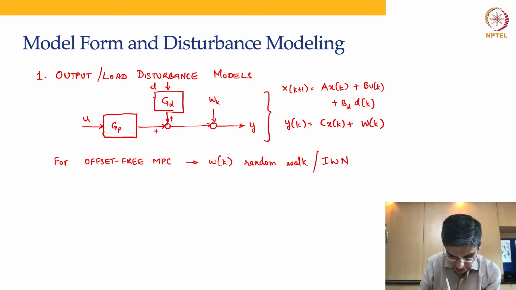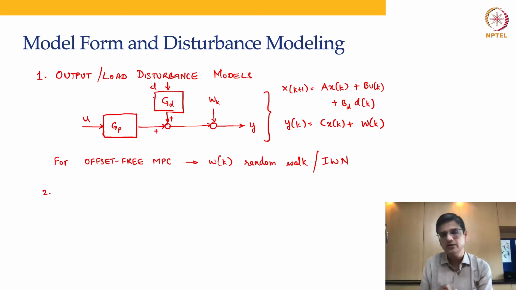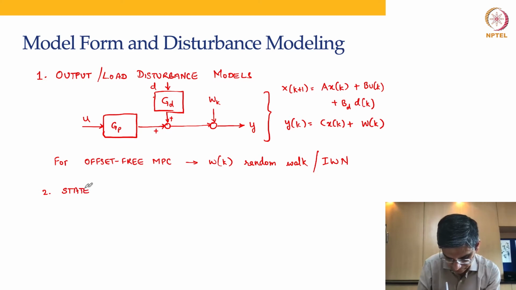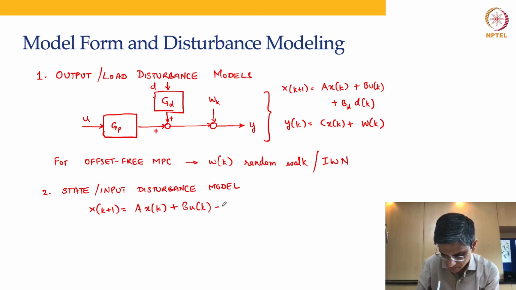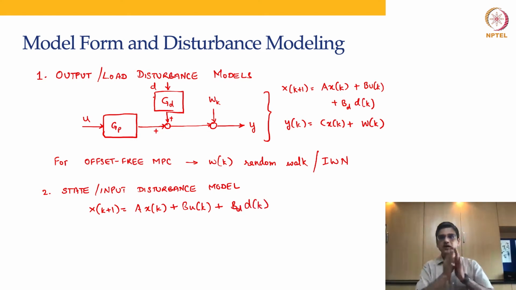Okay, and that was the reason why later on researchers came up with state or input disturbance model. Okay, and in case of state or input disturbance model, you have, okay, now this part does not change.